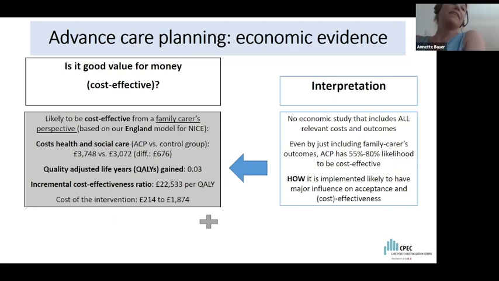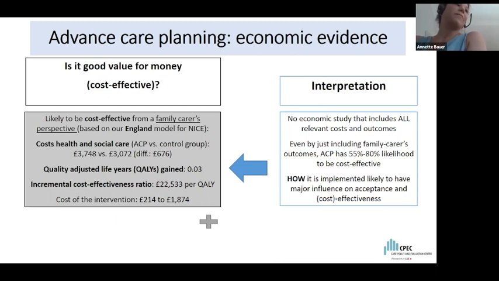So even the modeling we did had really limitations, as I said, in terms of just looking at one outcome, which was from the family carer's perspective. But we would argue that even just by looking at that outcome, you still find that it's quite likely to be cost effective. And we had an estimated probability ranging from 55 to 80%.